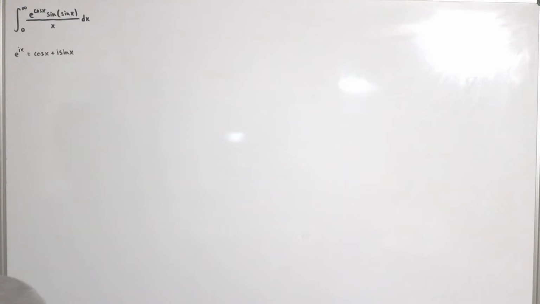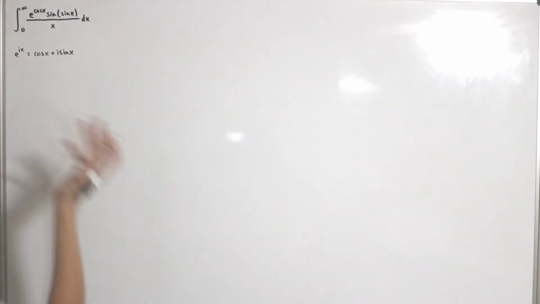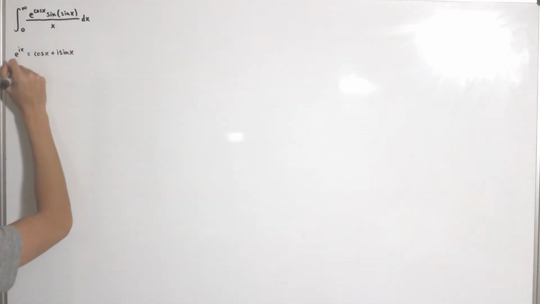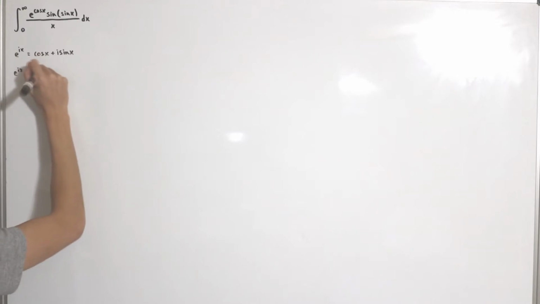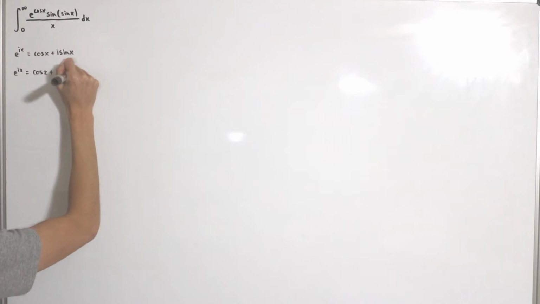When we're converting from real value functions to complex value functions, we change all our variables x into the complex number z. So I'm just going to write e to the power i times z equals cosine of z plus i times sine of z.